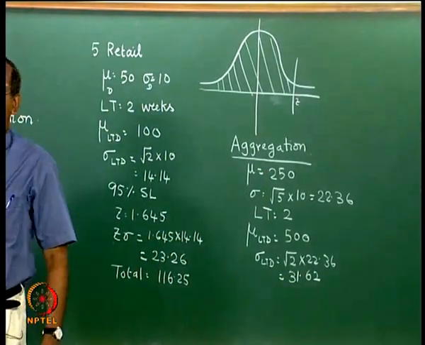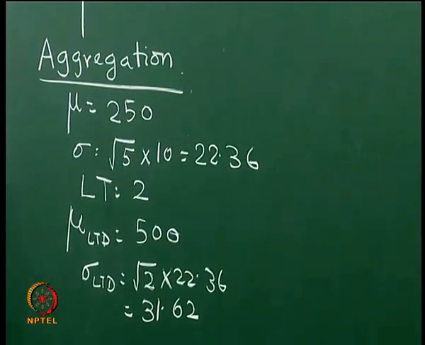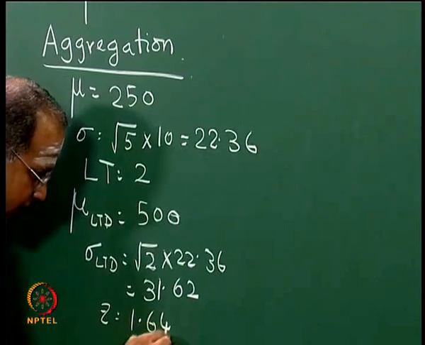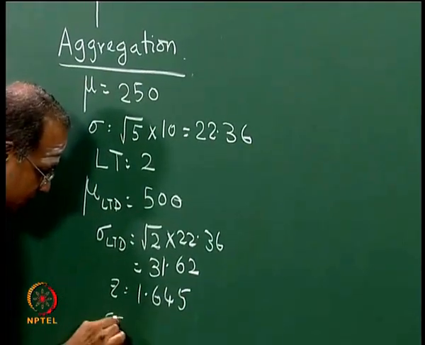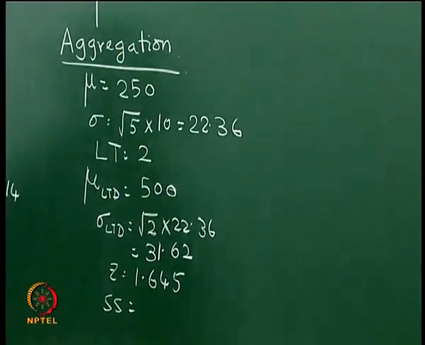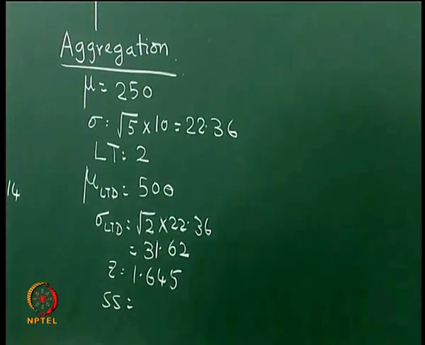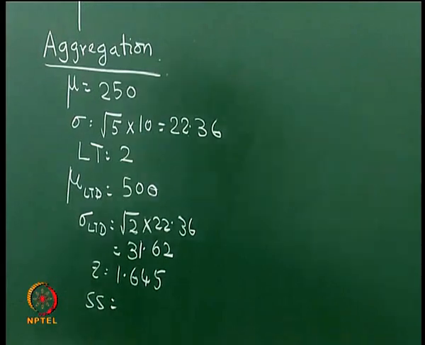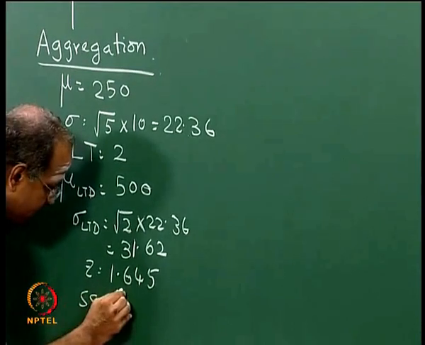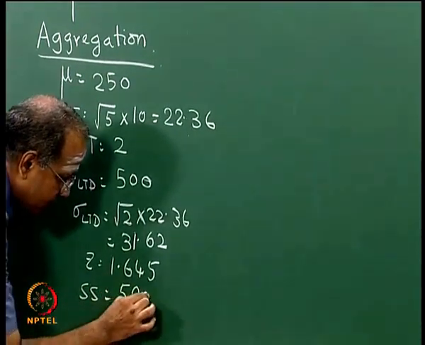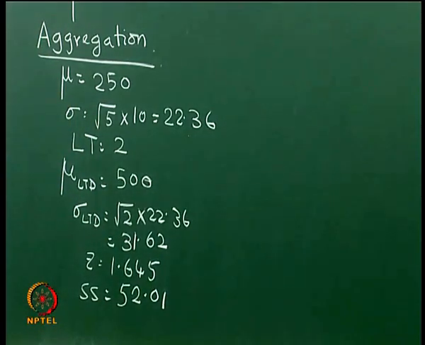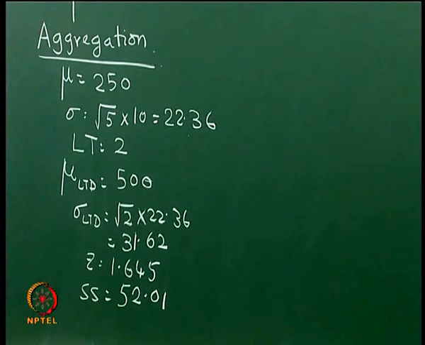And once again, if we want to maintain a 95% service level, Z will become 1.645 and safety stock will become 31.62 into 1.645, which is 52.01. So now you see the impact of aggregation.